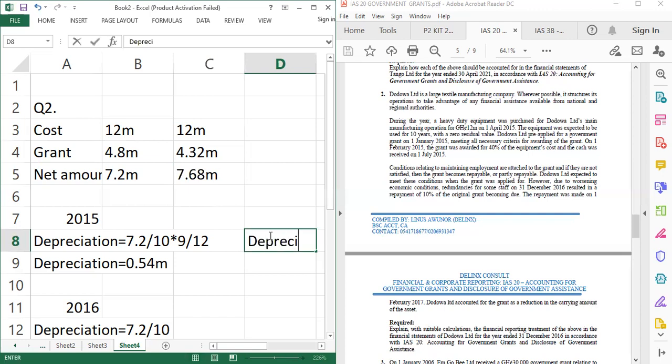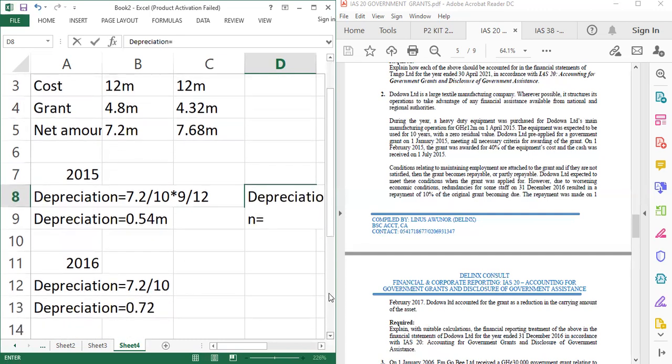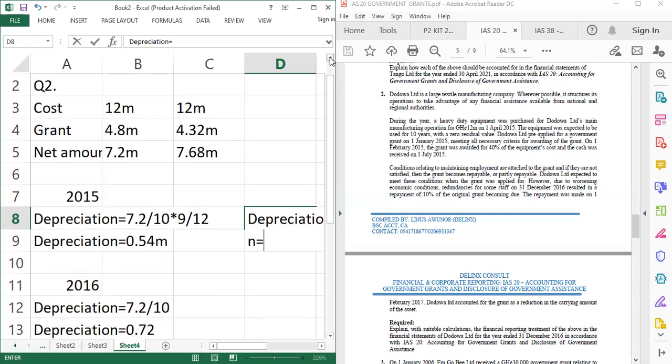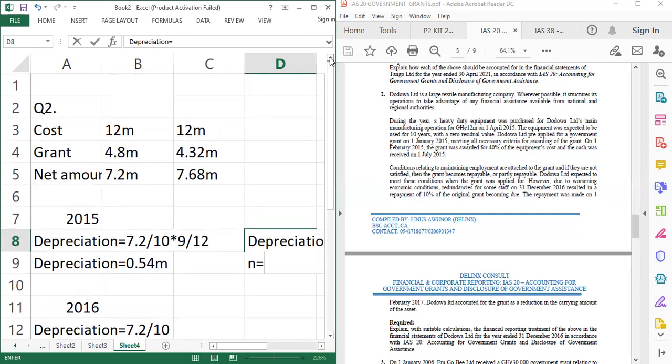Please, how did you get the carrying amount of 6.48? It's the 7.2 minus the depreciation for the 2 years, 0.54 and 0.72. I'm getting 5.94.